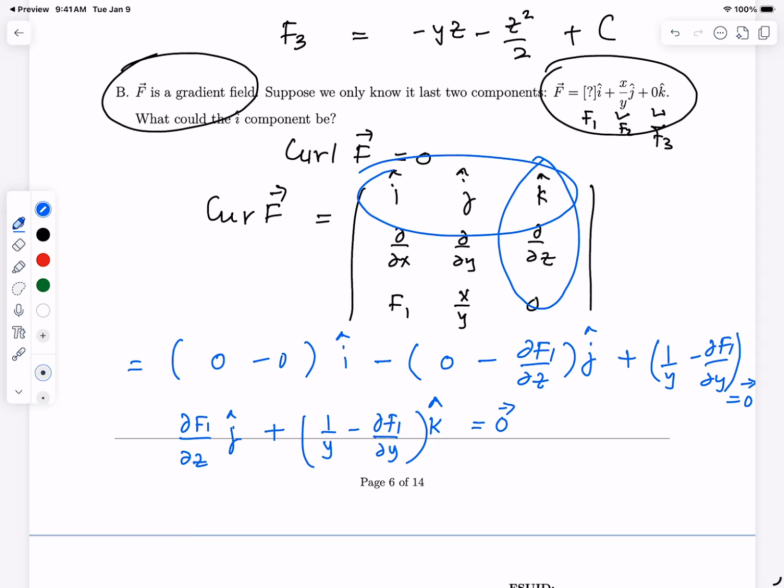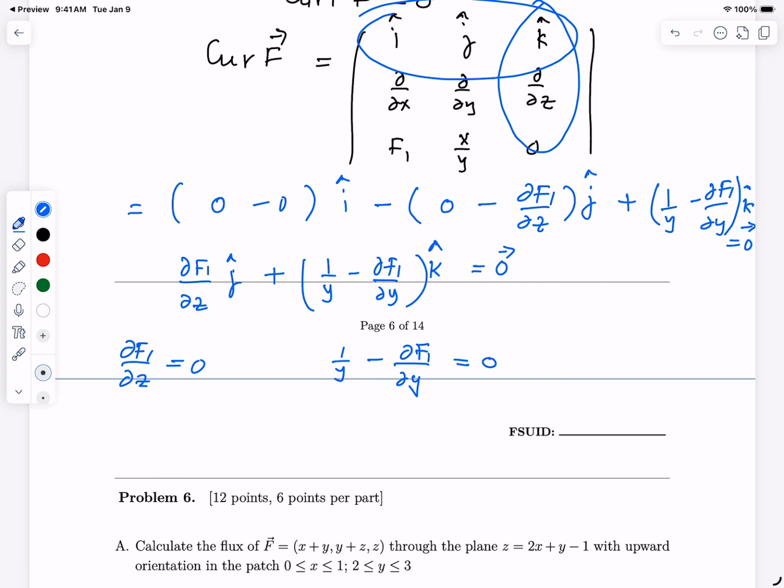If it is a vector, it means its components are 0: partial f1 by partial z is equal to 0, and 1 over y minus partial f1 over partial y is equal to 0. These two pieces of information I have. What should I do next?